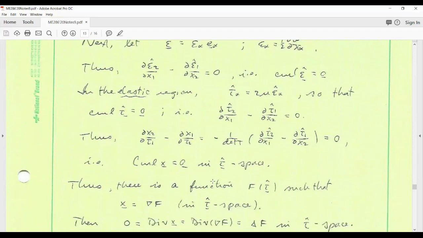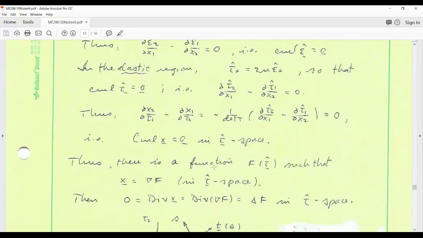Okay, that's enough to assert that there's a scalar function of position in stress space, where we'll take tau hat vector to be the position vector in stress space. There has to be a scalar valued function of tau hat such that x is its gradient in tau hat space, the gradient with respect to the stress components.